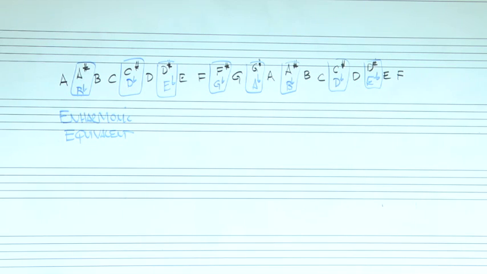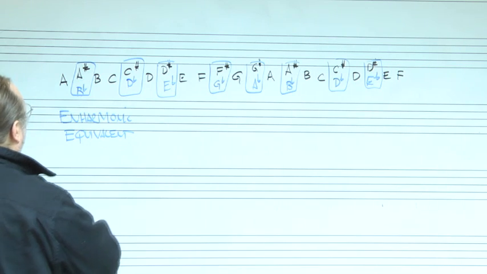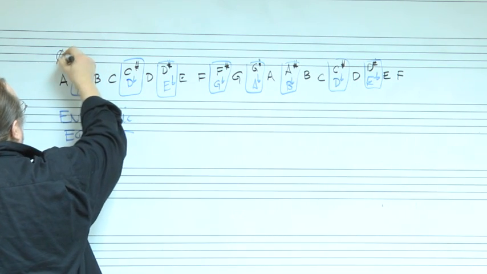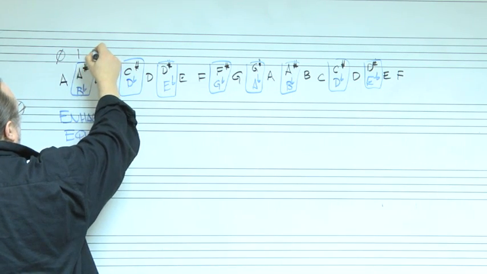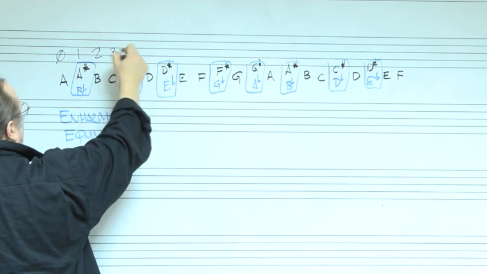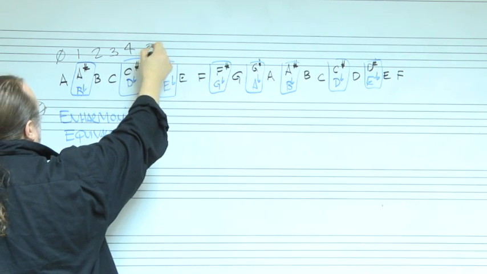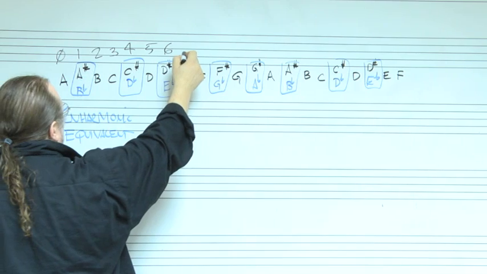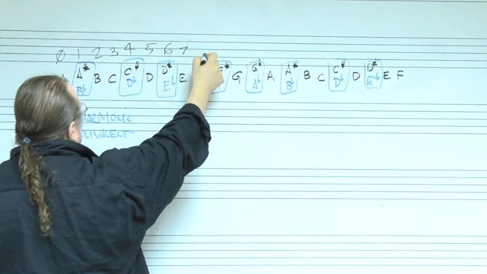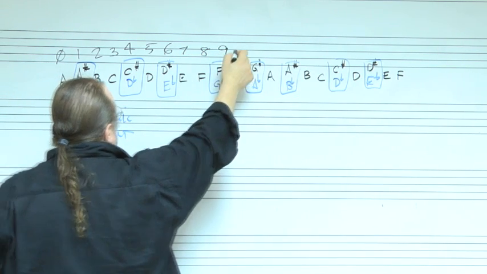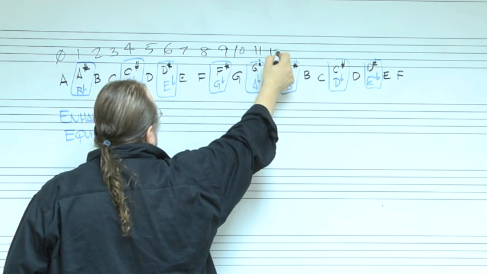Okay, so if you're talking a chord, we measure the distance from one note in the chord to the next using half steps. So if we're going from here, 0, that's 1 half step, 2 half steps, 3, 4, 5, 6, 7, 8, 9, 10, 11, and 12 half steps, right?